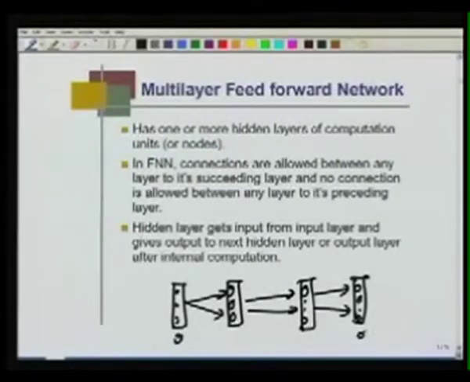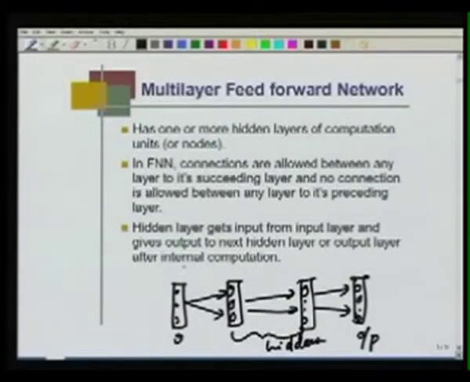Okay, and this is your output layer, and these are all hidden layers. So, what we are saying is that this is called a multi-layered feed-forward network. It has more hidden layers of computation units, that is, these hidden layers can be more than one. So, you can have 1, 2, 3, 4, as many as you want.